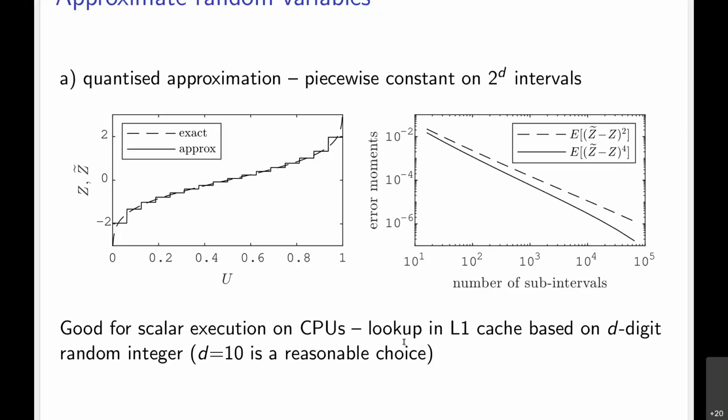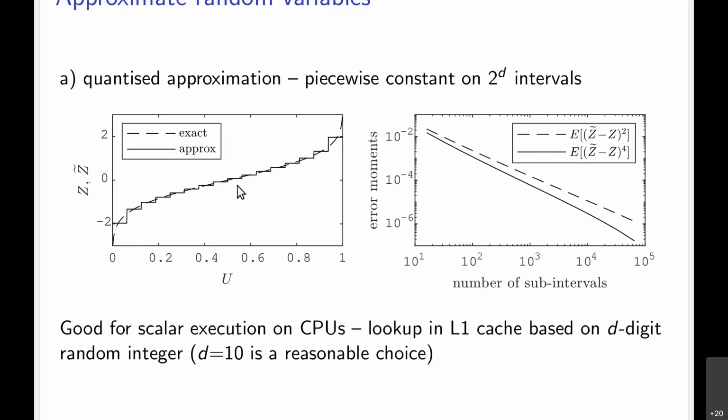Now, this choice of approximation works quite nicely on a CPU, that if we take d equals 10, so that's 1,024 intervals, then what's required to actually generate the quantized approximation is you just need a 10-bit random integer, and then with that integer, you can do a lookup into a lookup table.